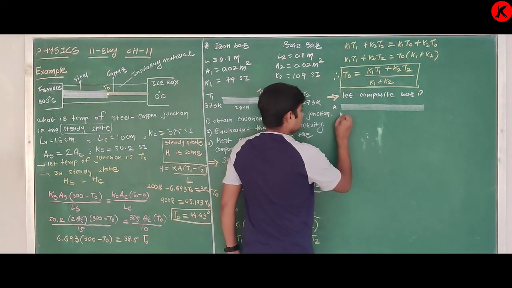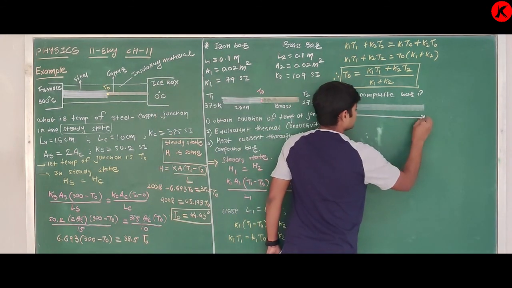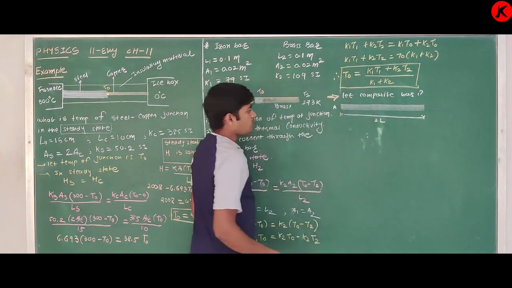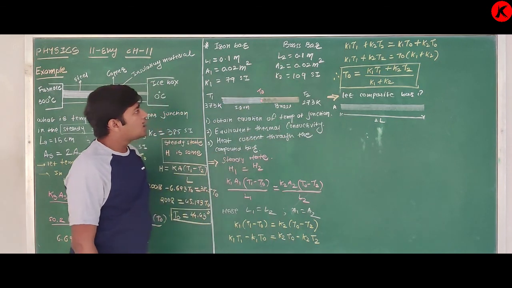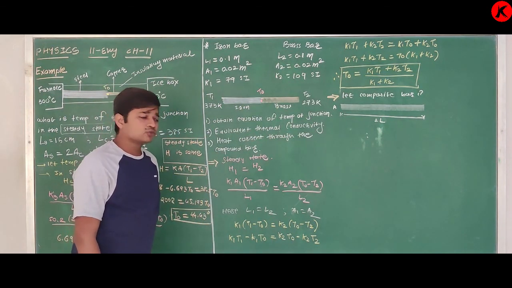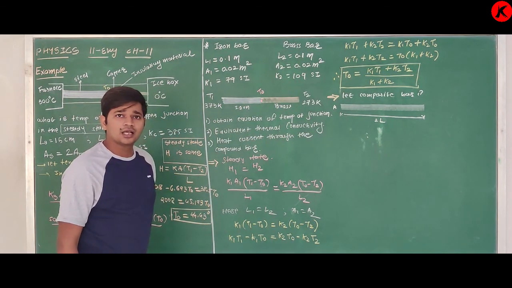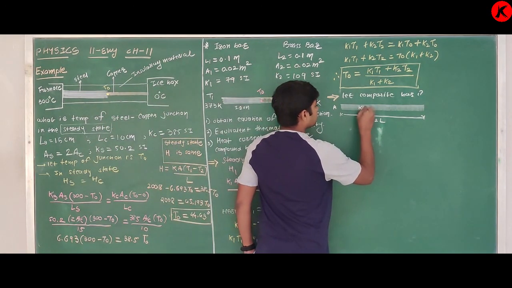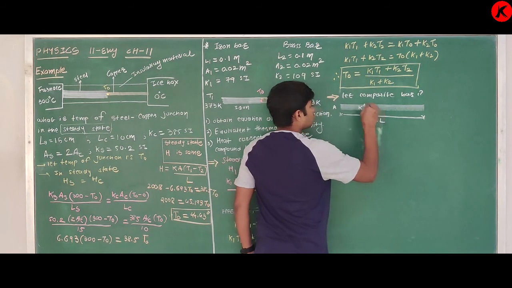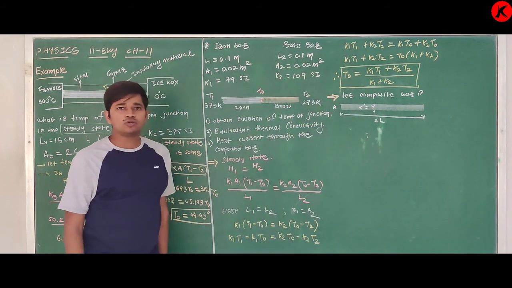Its length will become 2L, since the length of the iron bar is 0.1 and of the brass bar is 0.1. Yes or no? Then I have to find its thermal conductivity. K dash is equal to what?